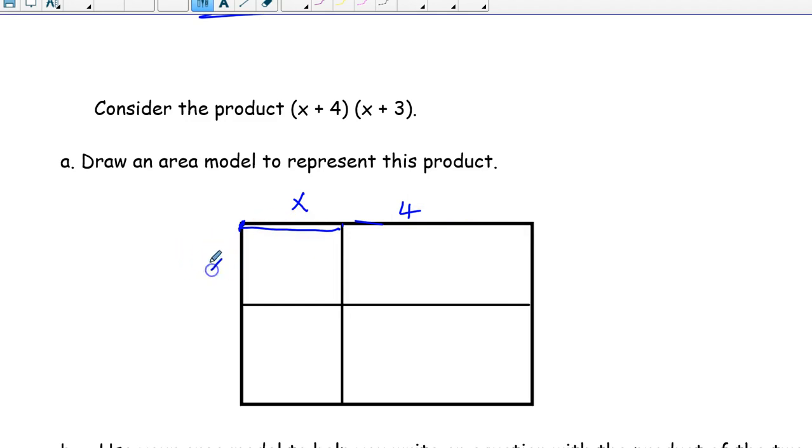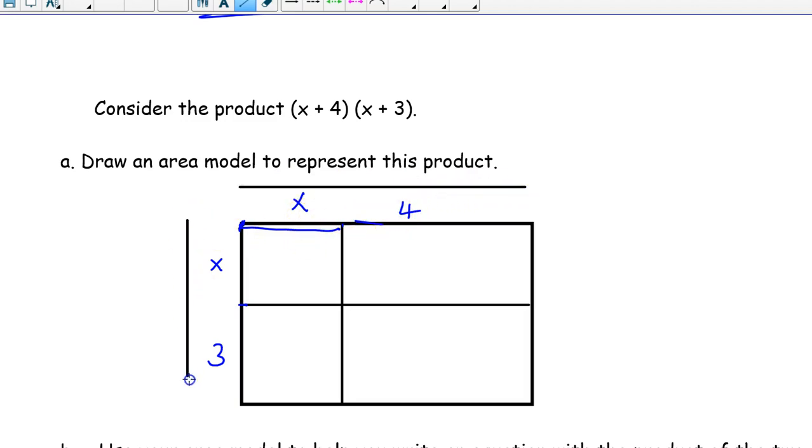Similarly, on this side I have x is this piece, and from there it is 3. And on the whole, this whole length is how much? x plus 4. And this side on my left here, that is the width, is how much?